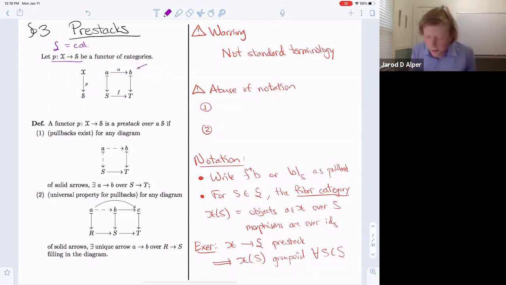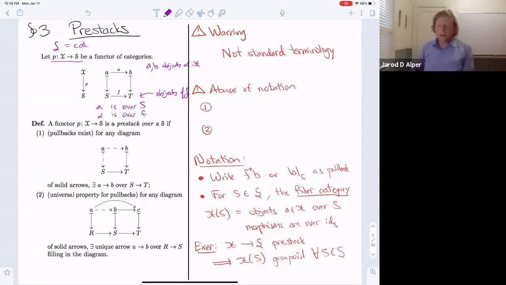The A and the B are objects of X, and these things here are objects of the base. We say that A is over S, and that the morphism alpha is over the morphism F because it projects under P to that. So that's how we think of this.